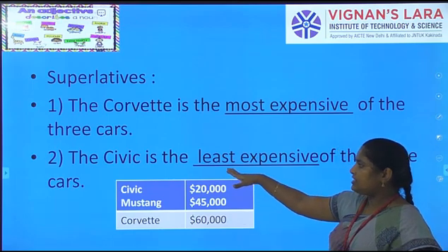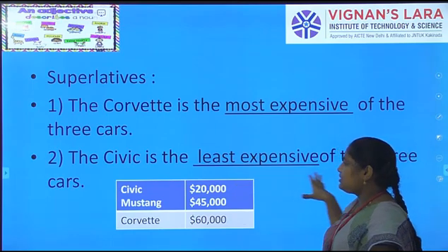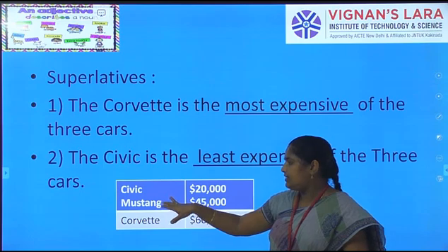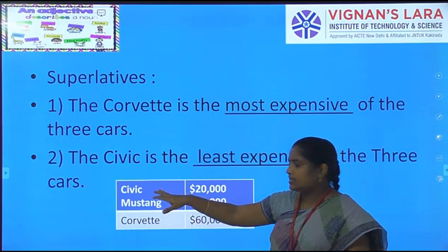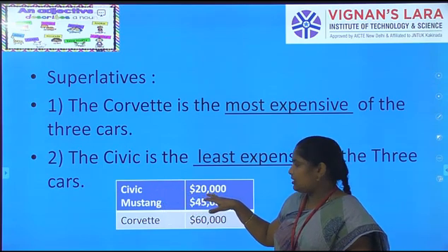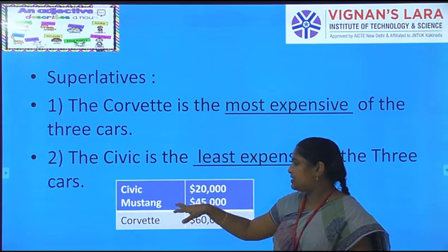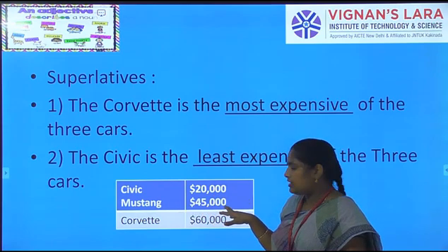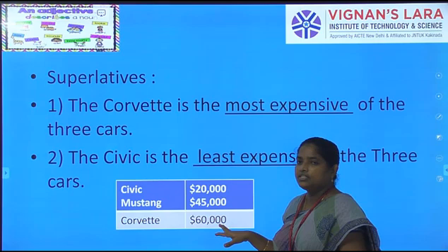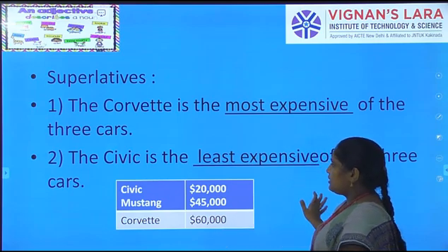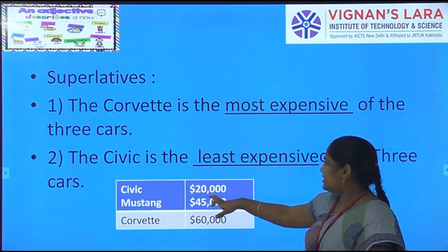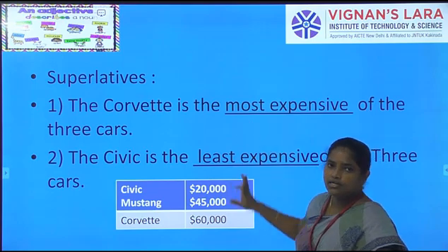The Honda Civic is the least expensive of the three cars. The Honda Civic costs $20,000, the Mustang $45,000, and the Corvette $60,000. So the Honda Civic is the least expensive of these cars.